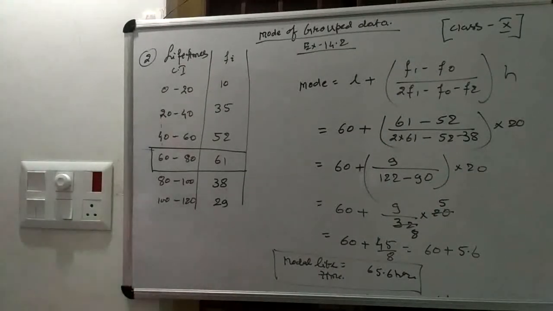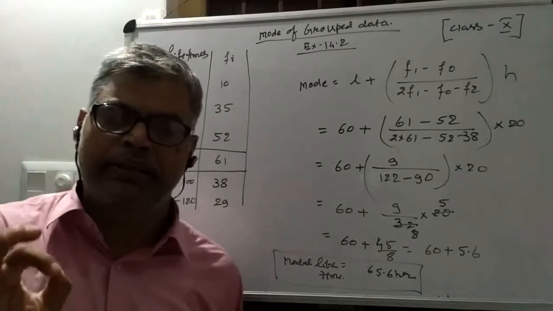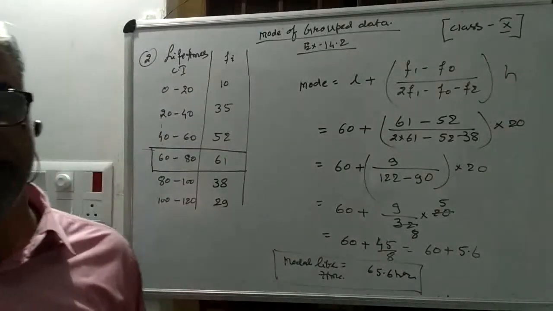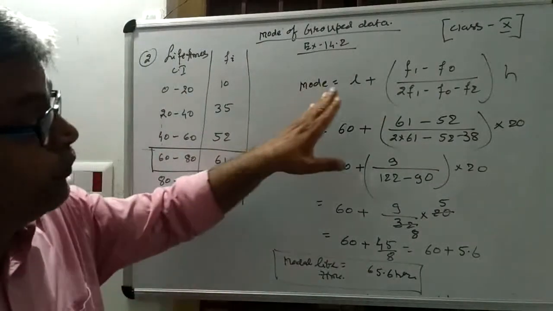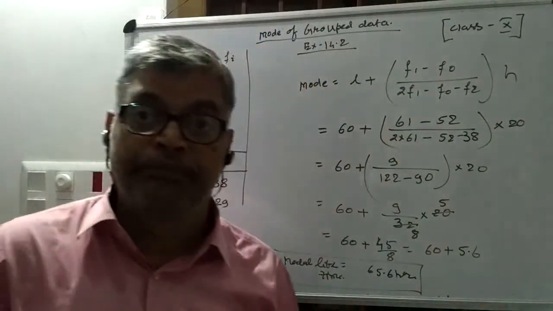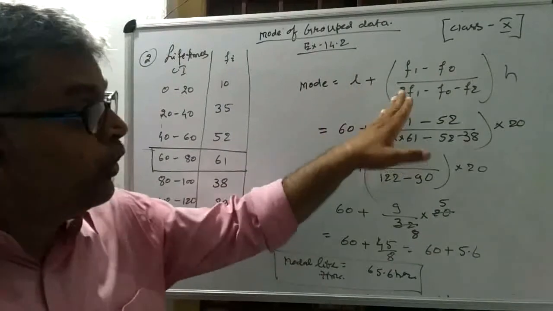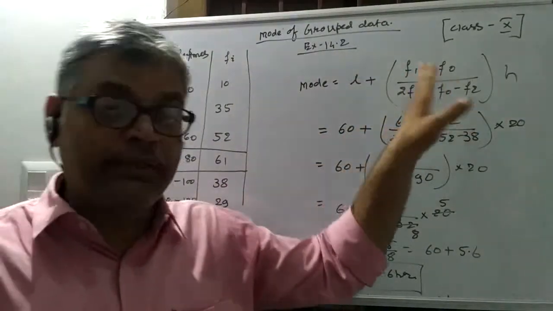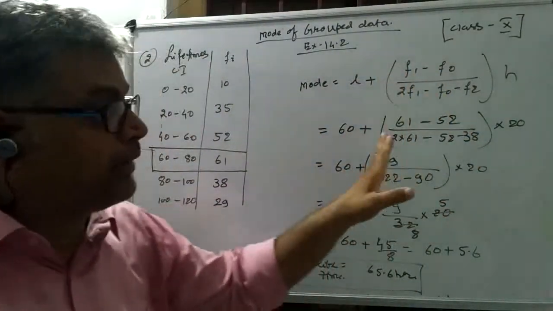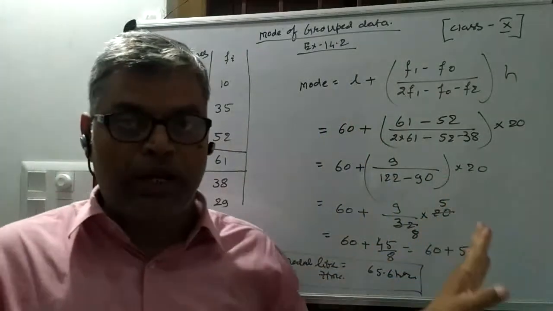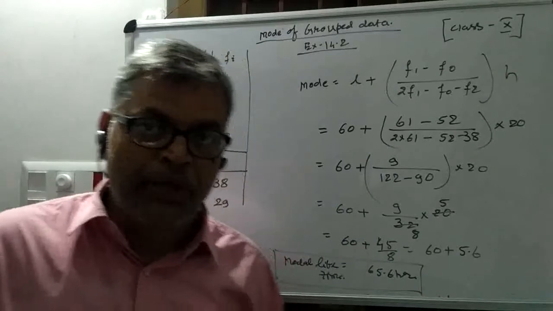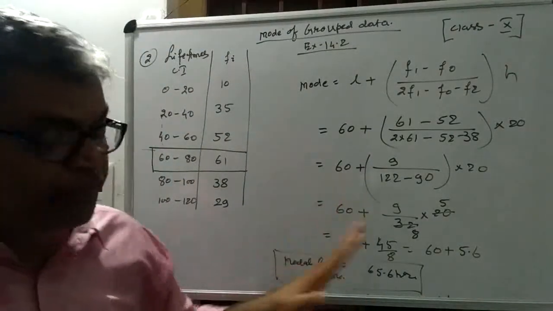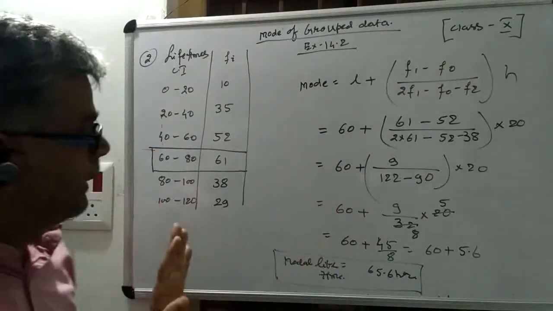So in this way you have to solve. Mode is the very simplest thing to calculate. Just remember this formula, and you should know what each term represents in this formula. Thereafter it is very easy to calculate the mode. Just put everything in the formula and simplify it, and you will get the answer.